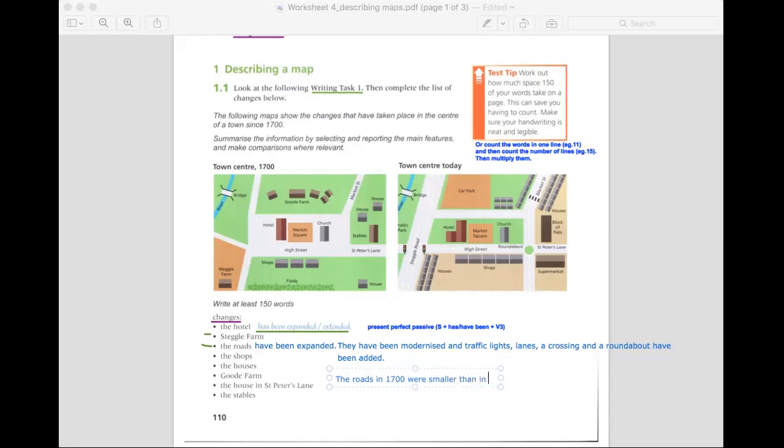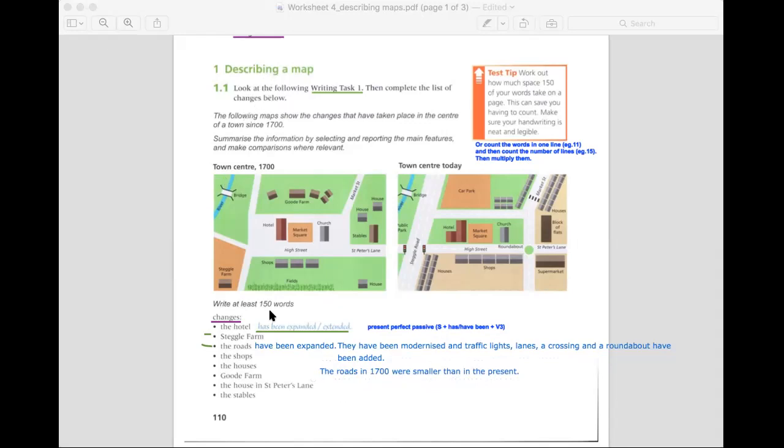Than today, or than in the present. Okay, so we can also use comparative language to talk about changes as well. Or you can say the other way around. Today, the roads are bigger than in the 1700. So this is two ways. Either we can use this structure or we can use comparatives as well.